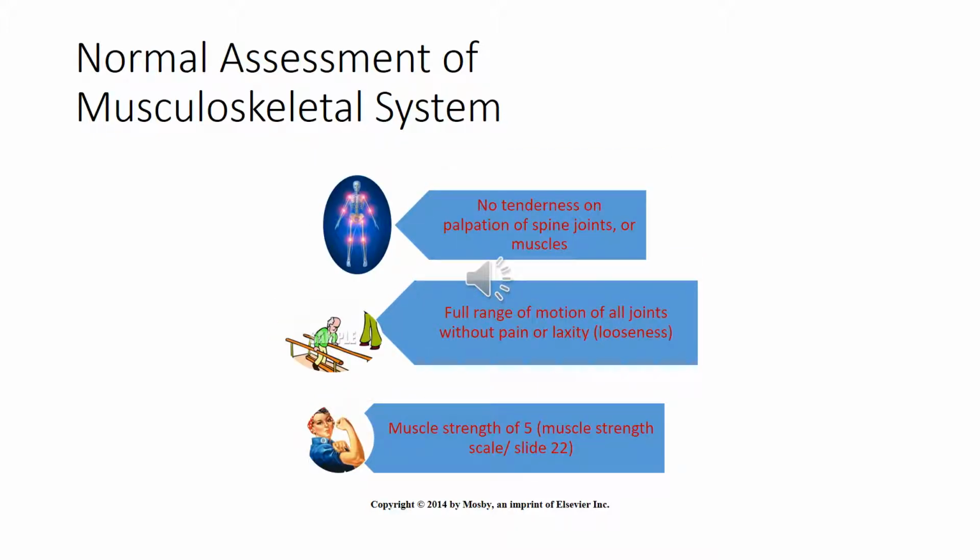And then also, the rest of the normal assessments include no tenderness on palpation of the spine joints or the muscles. And people should be able to have a full range of motion on all joints without pain or laxity. And laxity just means looseness. Our muscle strength normally is 5.